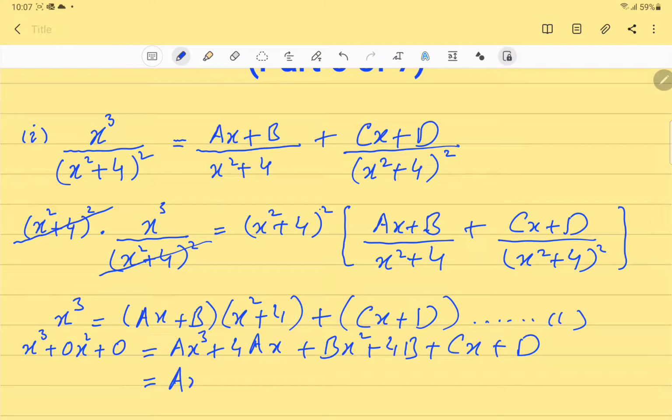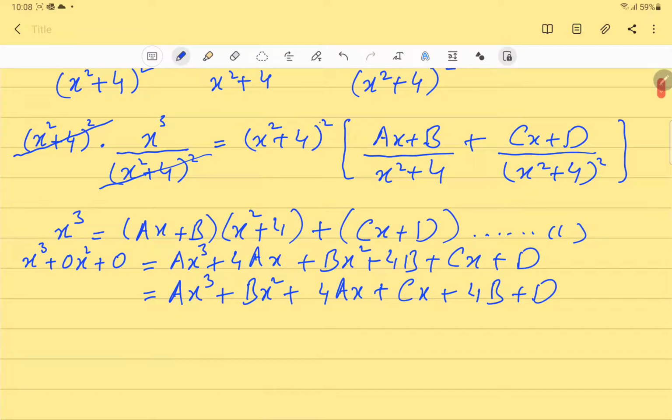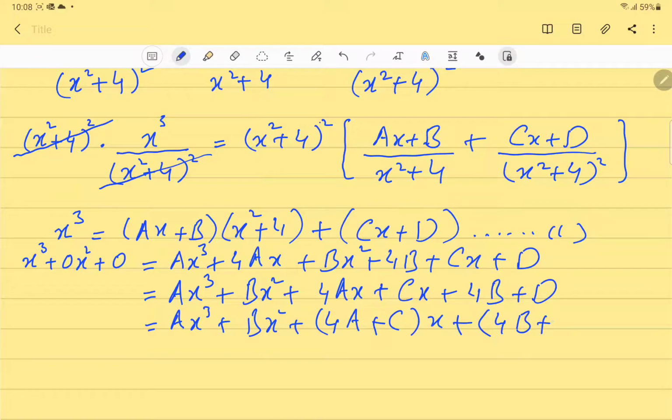We have only one x cubed term, only one x squared term, then we can write 4ax and another term with x, which is cx, plus 4b plus d. So we can write ax cubed plus bx squared plus 4a plus c into x plus 4b plus d.